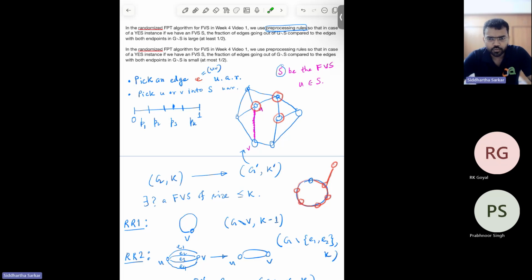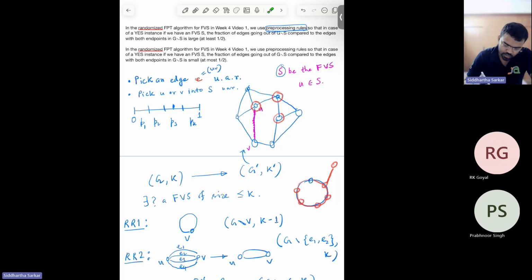In this question only, I will tell you that the probability with which we'll find a k-sized feedback vertex set will be a substantial number. Let us say with some probability p we will find the feedback vertex set if it exists, and with 1 minus p we will fail to find it using this algorithm. It can be analyzed, so that number p they have calculated.